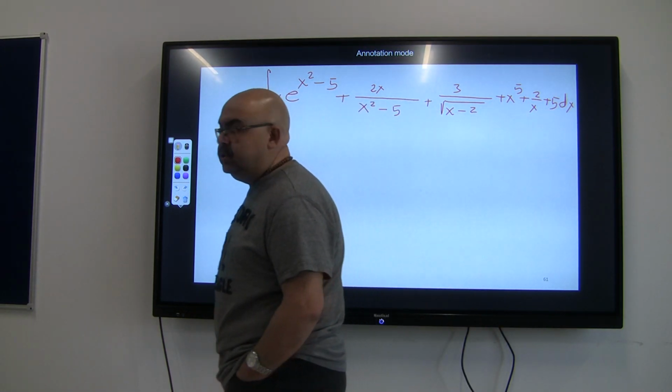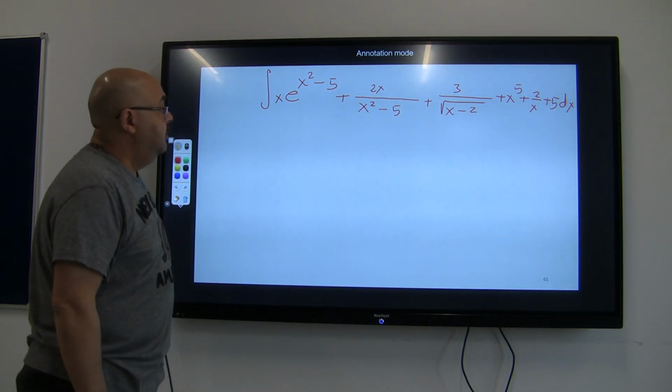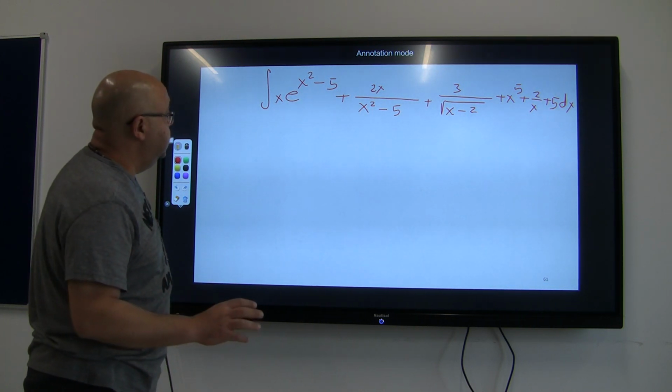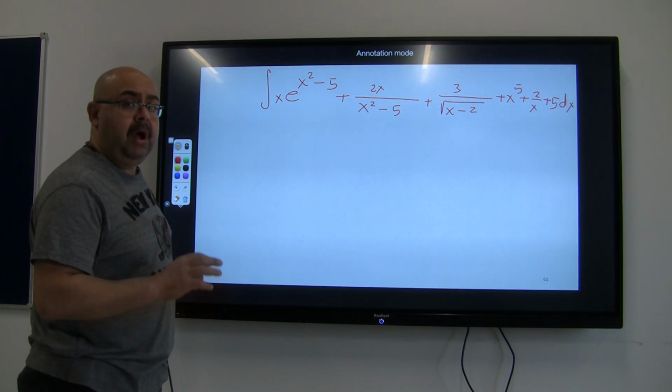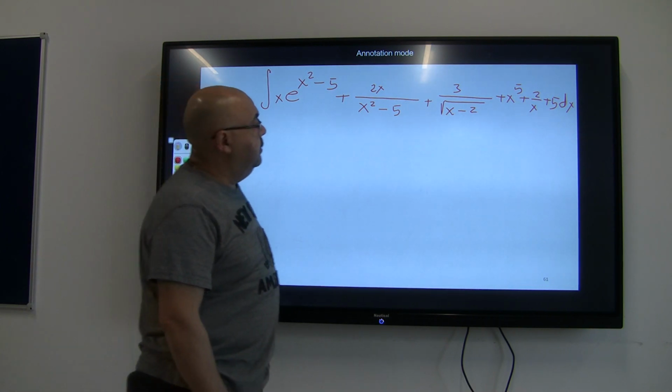A lot of problems, you can do them all together. First of all, I will have to ensure that each part I know how to integrate. This is going to be very, very simple.